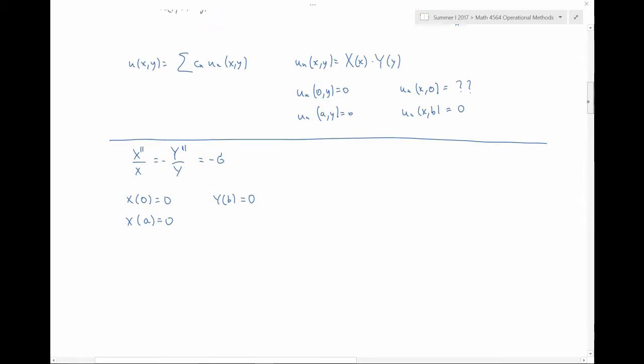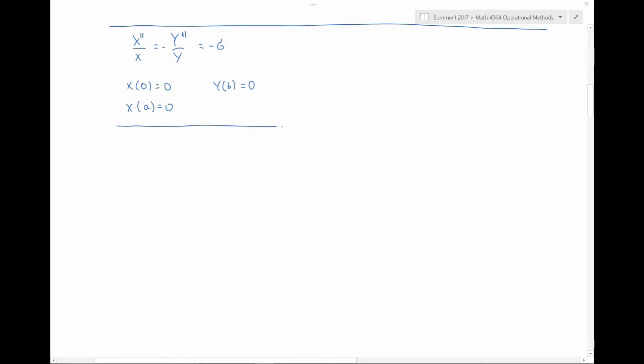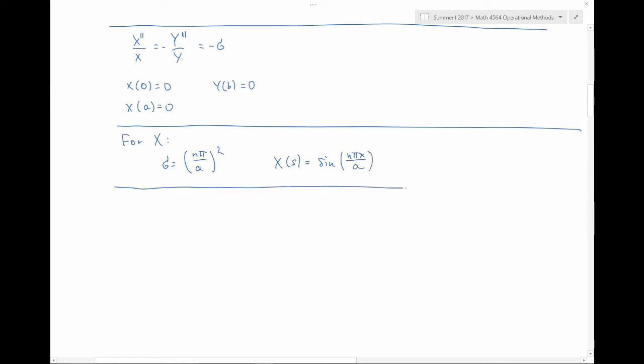Just as before, when we derive solutions to the x of x and y of y, since x has two boundary conditions imposed on it, we're going to solve it first. We derived that the constant sigma should be n pi over a squared, and the solutions x of x should be just sine of n pi x over a.